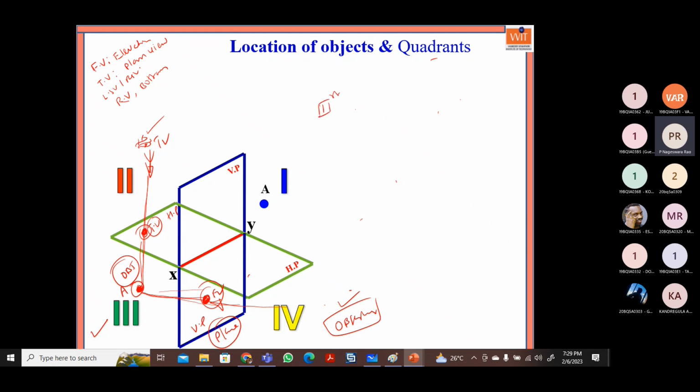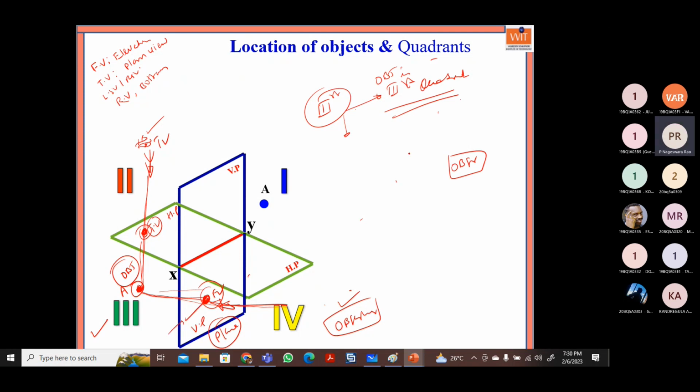So what is the meaning of third angle projection? One way to say it is, if the object is in the third quadrant, that is one option. Technically, we can also say that when you observe in the front view direction, the observer will be here and the plane will be here.